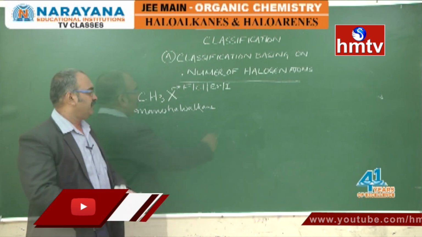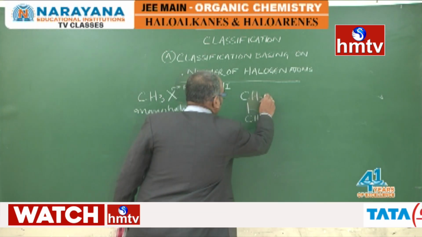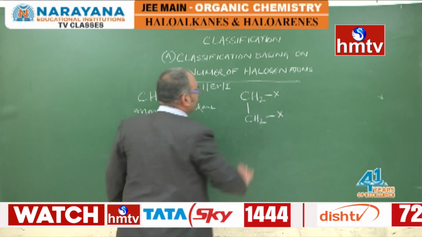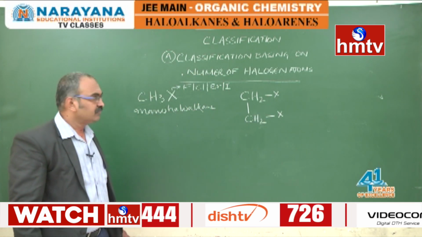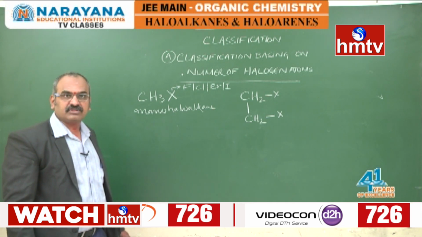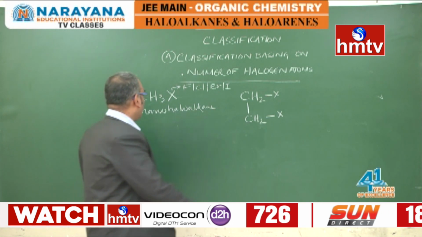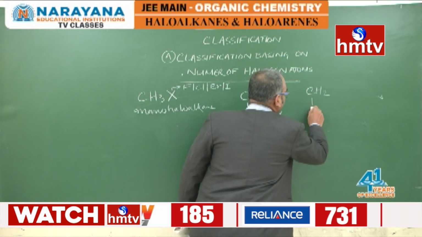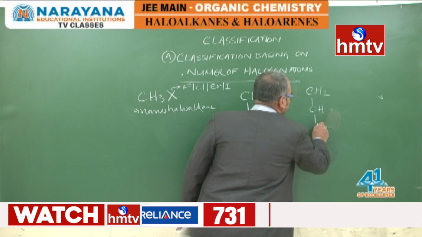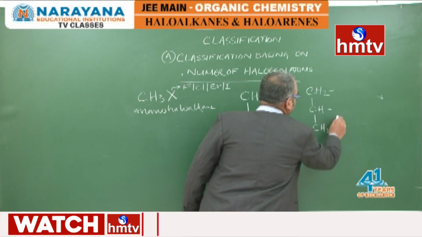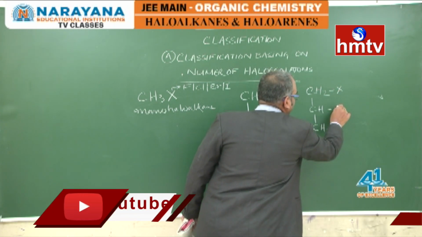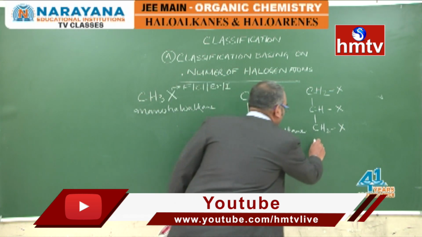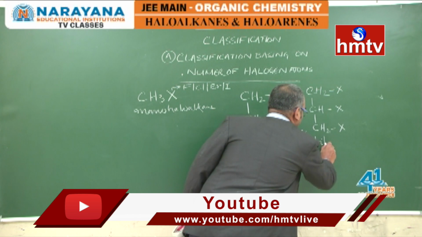If two hydrogens of an alkane are replaced by two halogen atoms, it is called dihaloalkane. If three hydrogens of an alkane are replaced by three halogen atoms, it is called trihaloalkane.